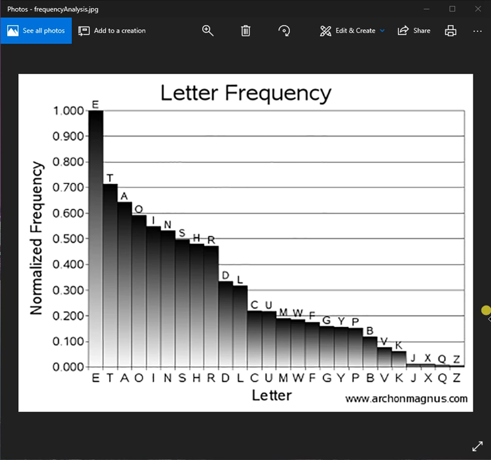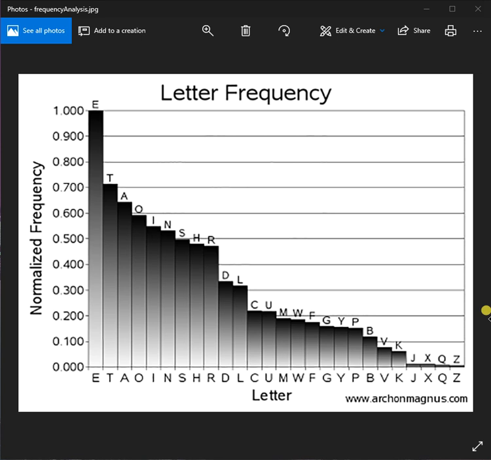So the user would then enter the ciphertext when the program runs, and then I would tell the program to iterate through every character in the ciphertext. If it's not a letter that's in my alphabet, then ignore it.